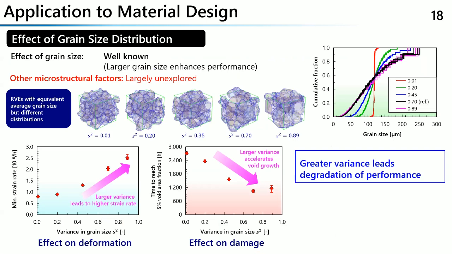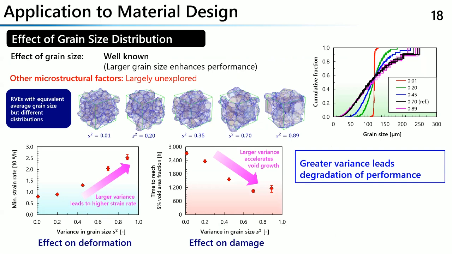And the second example is application to the material design. So we investigated the effect of the grain size distribution. Although the effect of the grain size is very well known, the effect of other microstructure factors is largely unexplored.